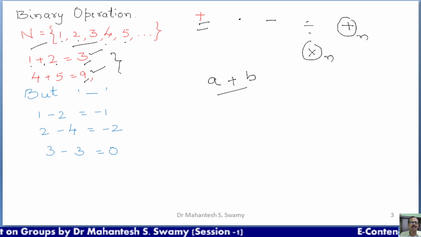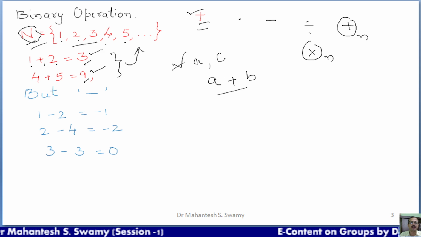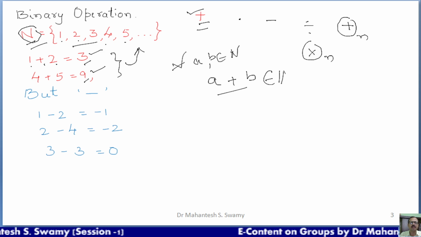If that result again belongs to the given set, that is N, then we say that the set is closed under the binary operation which is defined. So in this case, since for any two natural numbers a, b, a plus b, the sum of two natural numbers, is again a natural number, we say that the set of natural numbers is closed under addition.